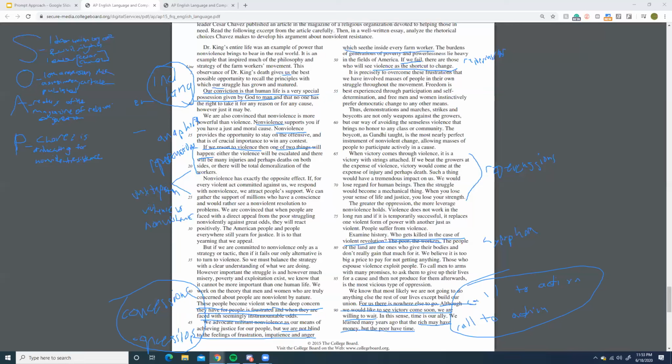So that would be your thesis, as you've combined the author's purpose of the speech, and then you've also included the rhetorical devices you're going to examine.